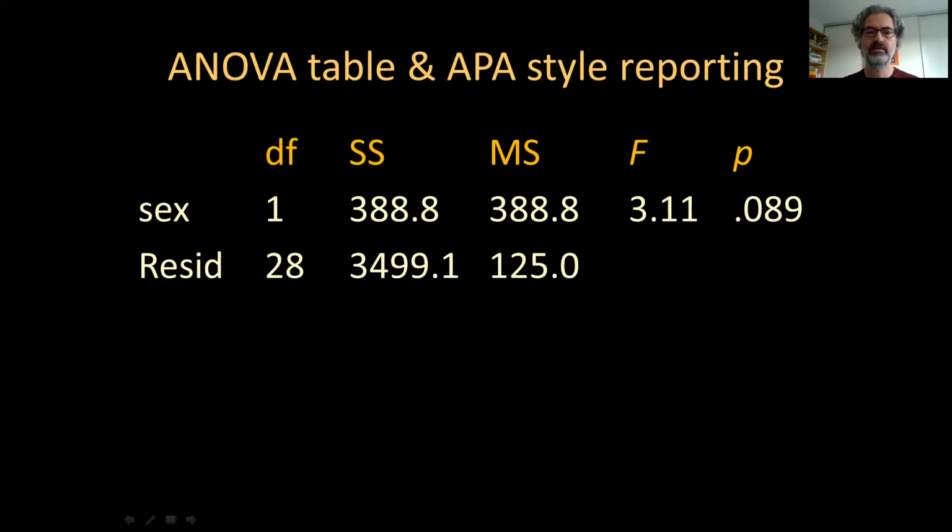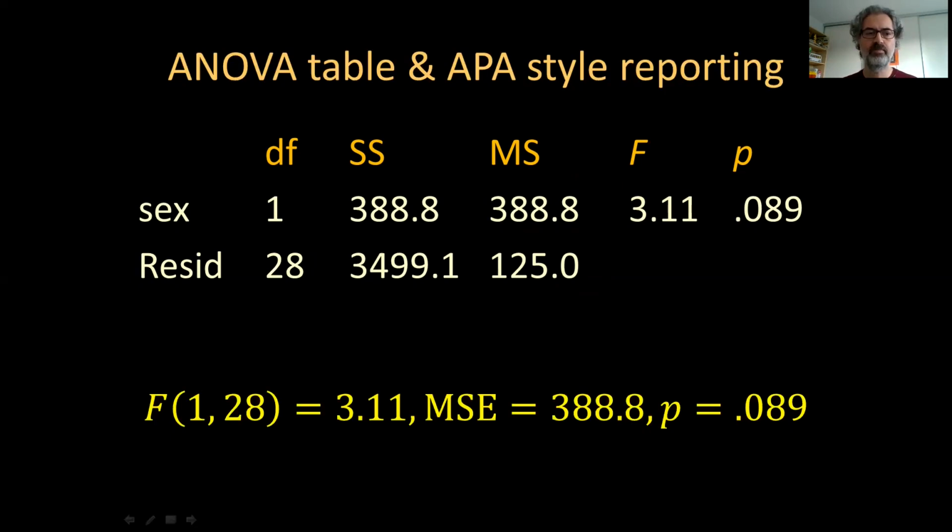And the way this is actually reported in text is this one. So you report F, the 2 degrees of freedom, the value of the F statistic, the p-value with 3 decimal places and no leading 0, and it has recently become necessary to also report the mean squares between. So the mean squares associated with this factor.